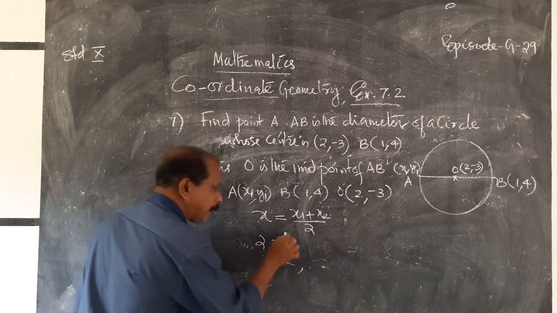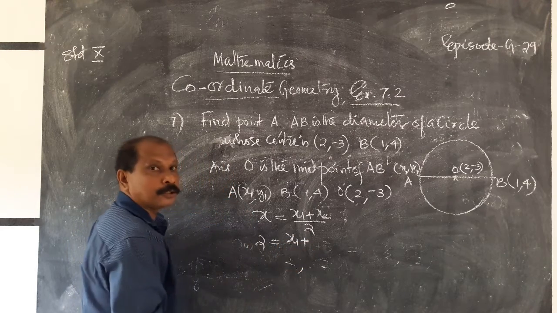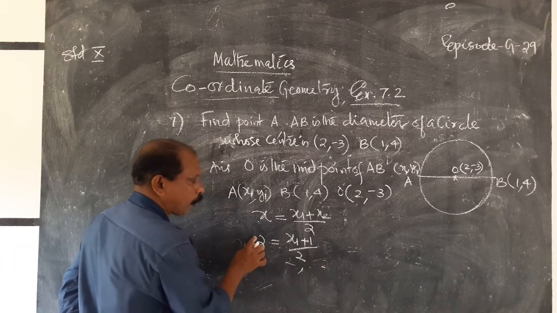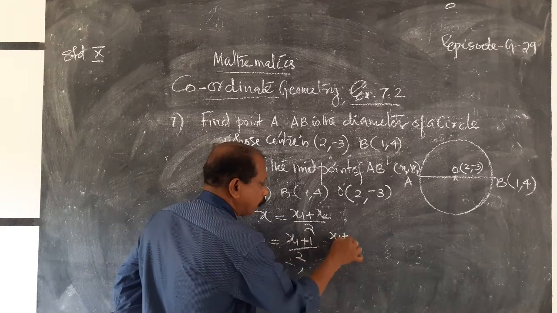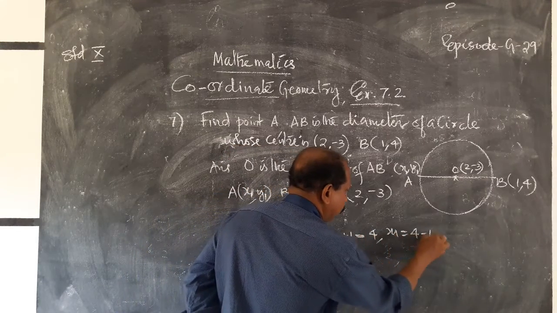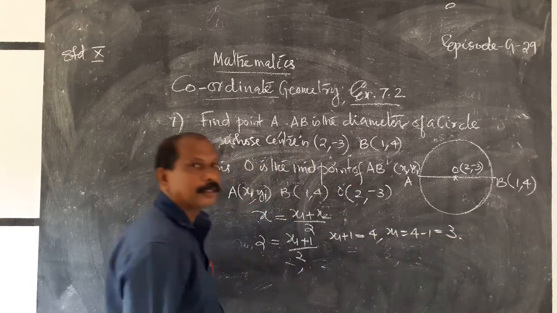x1 is replaced by x1 plus, what is x2? The x coordinate of B, that is 1, by 2. Cross multiplication, x1 plus 1 is equal to 4. Therefore, x1 is equal to 4 minus 1, which is 3.